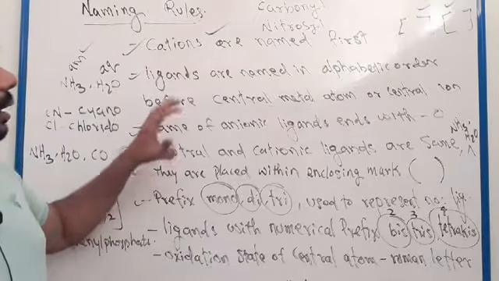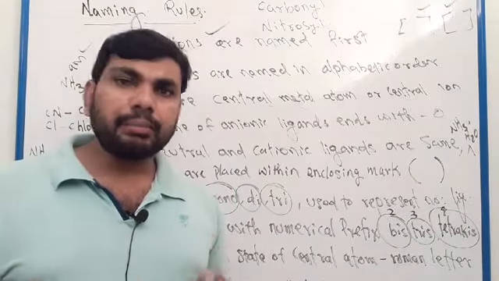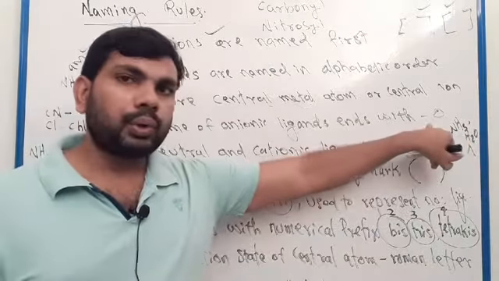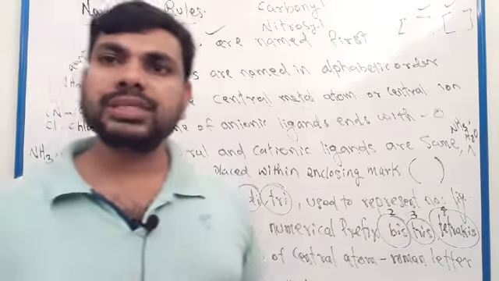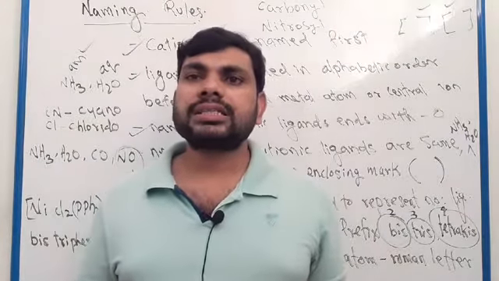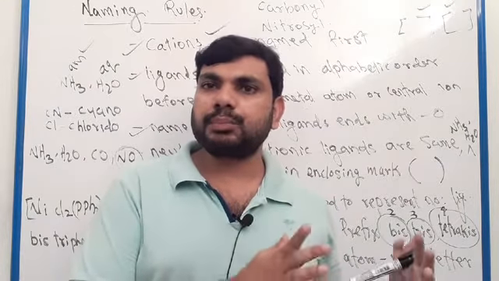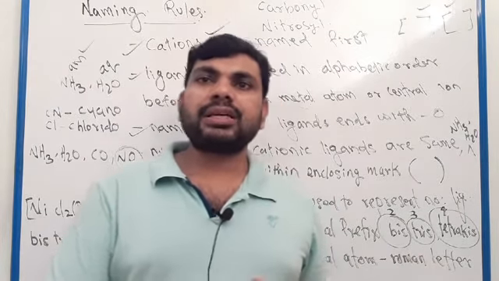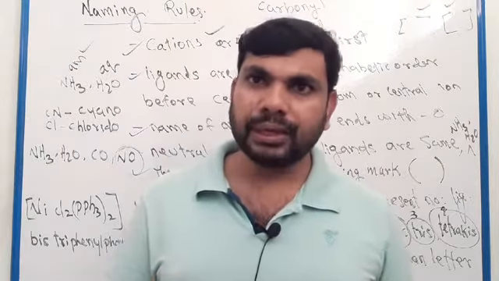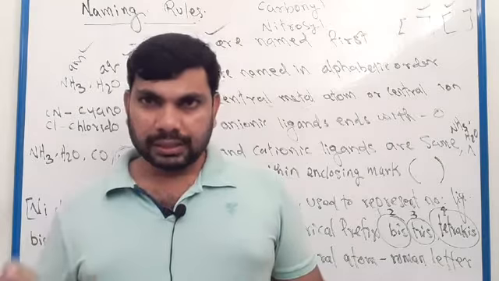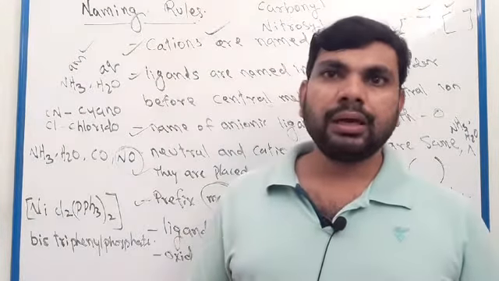And negatively charged ligands, their names end with the letter O. Cationic ligands with positive charge or neutral ligands, their name is the same as their species name. But there are exceptions: H2O aqua, NH3 ammine, CO carbonyl, and NO nitrosyl.